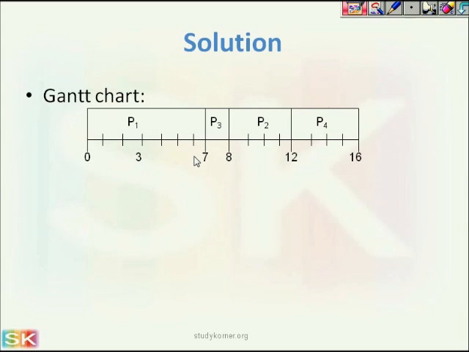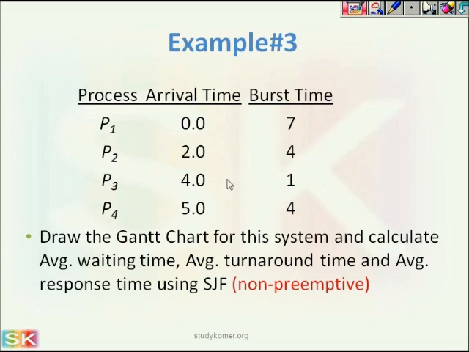at 7 seconds, and at 7 seconds we again check for available processes. So at the start of the 7th second you have P2, which arrived at 2 seconds, P3 arrived at 4 seconds, and even P4 is there, which arrived at the 5th second.